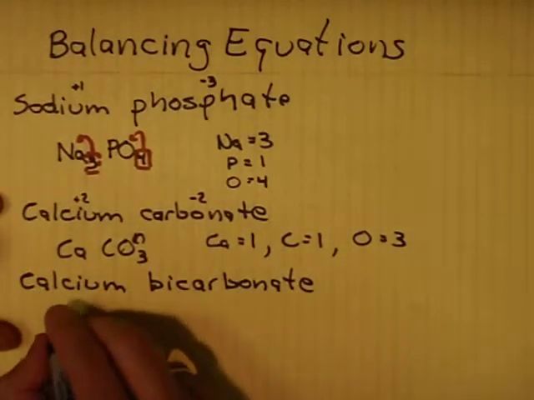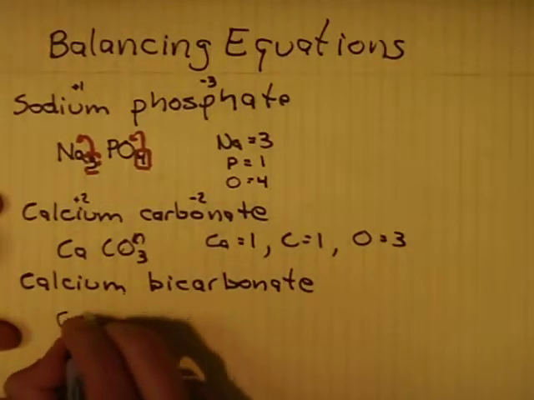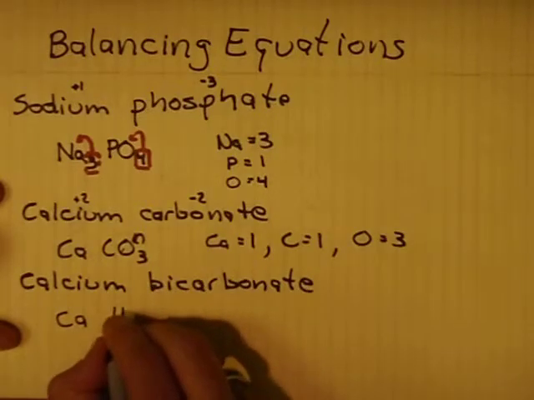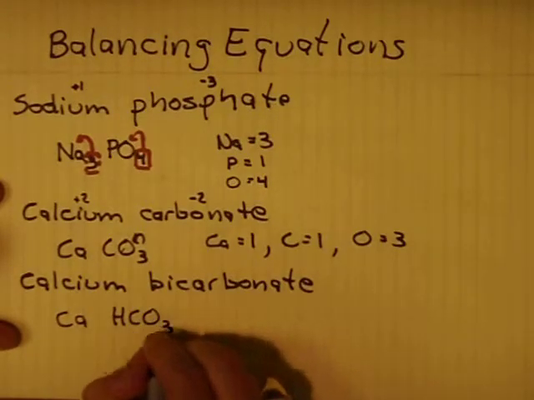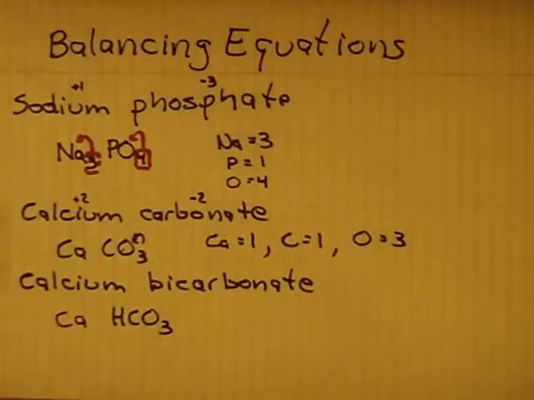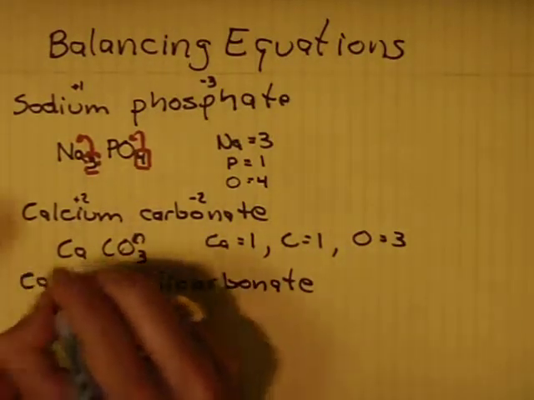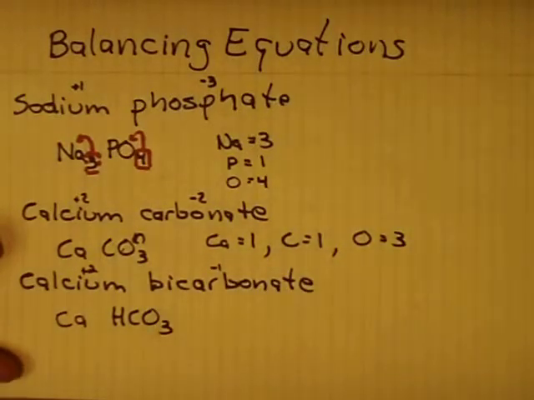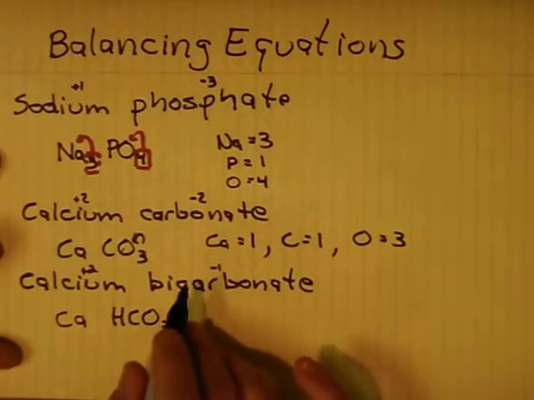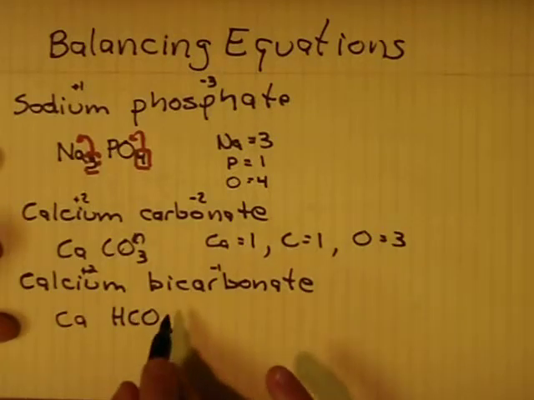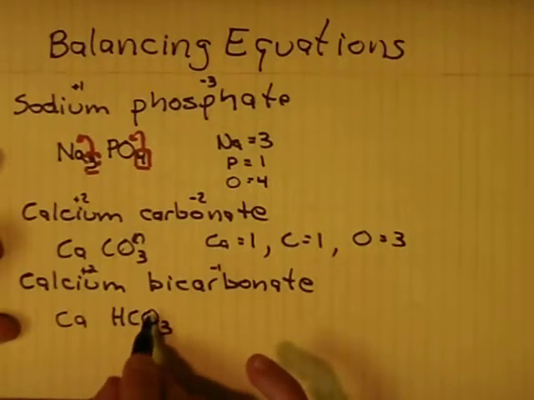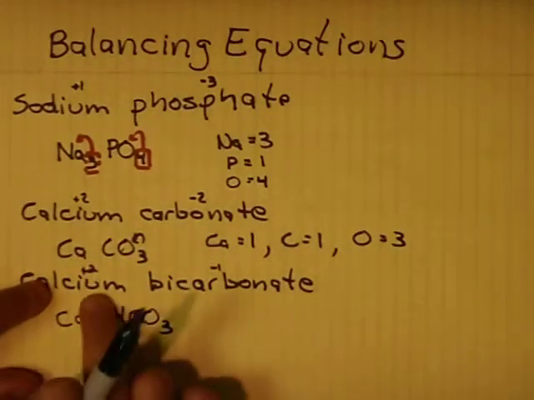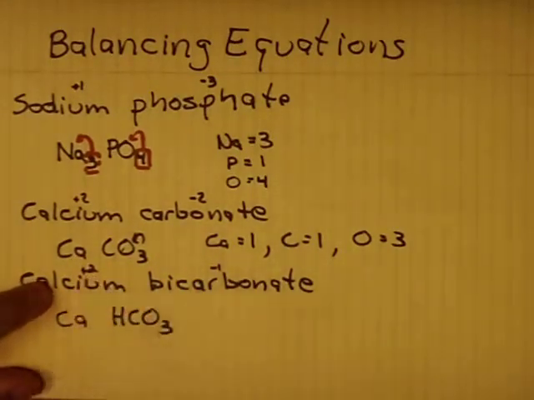Well, calcium is still Ca, bicarbonate, HCO3. But if we remember, calcium +2, bicarbonate only has a -1. So, in order to get our charges to balance out, we need 2 of these to match up with the +2 charge there.